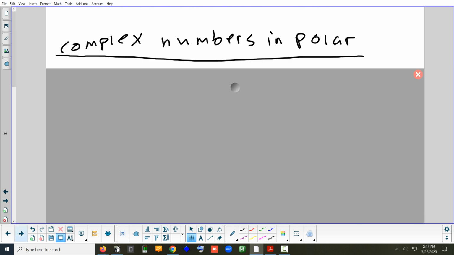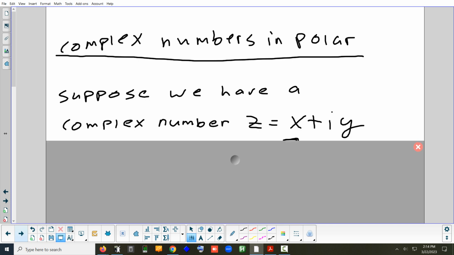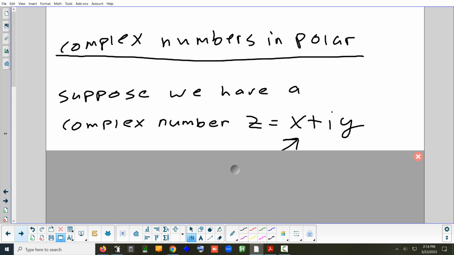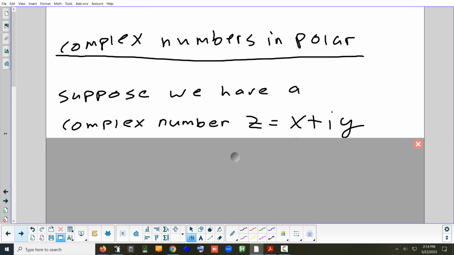All right. So now, the last thing we're going to look at is combining the idea of what we did on Monday and what we did yesterday. We're going to take complex numbers now, and we're going to write them in polar. What form do we call this?